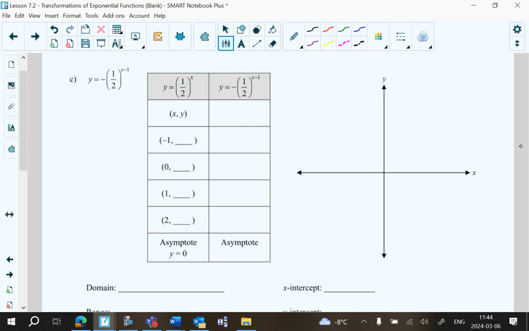Remember, 1/2 to the -1 is the same as flip the base to the +1. So that becomes 2. 1/2 to the 0 is still 1. 1/2 to the first is 1/2, and we don't have to do this one.